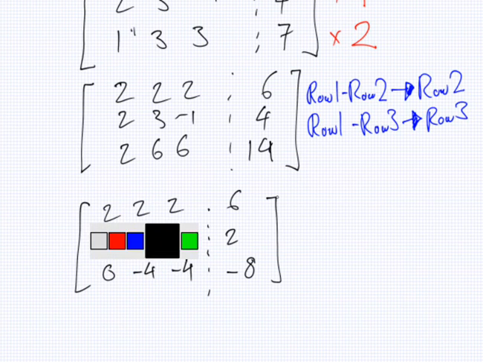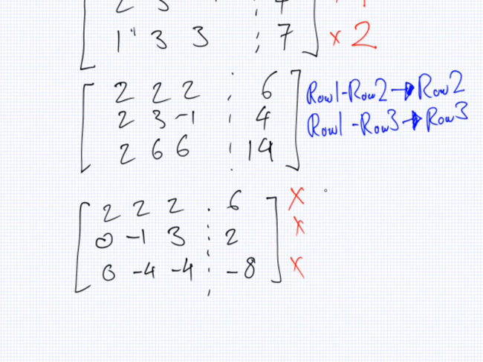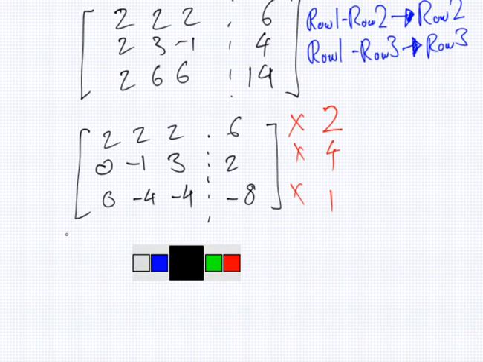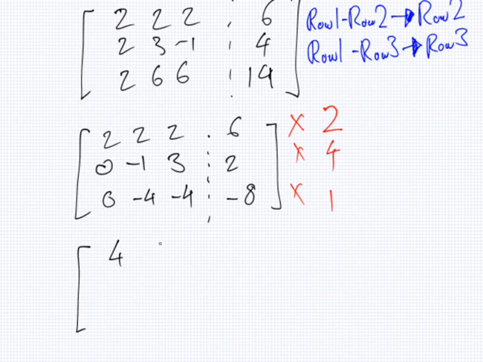So 6 minus 6, 0. 9 minus minus 4, 13. 15 minus 2, 13. And then here you keep it the same because I put the answer on the second row. So the first one is not changed.